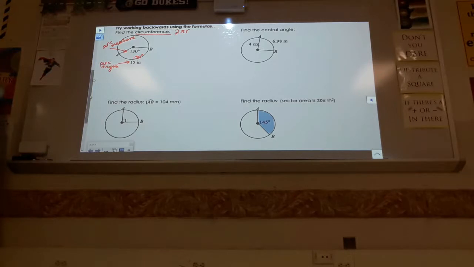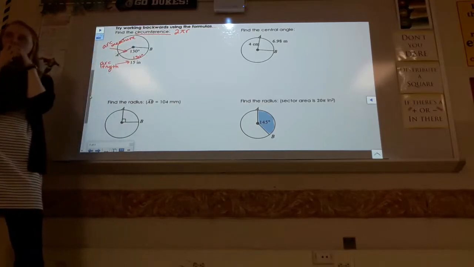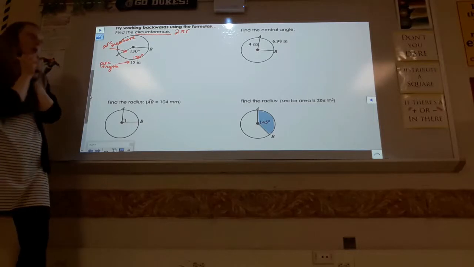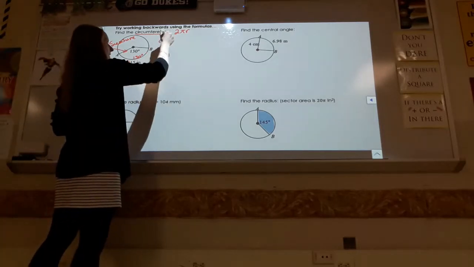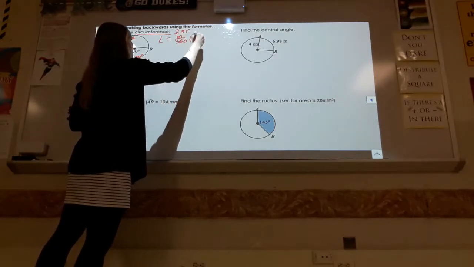So what formula would I use to solve backwards? What formula has the arc measure, the arc length, and the circumference all wrapped together? They're all working together. The arc length formula. Remember, arc length is equal to the measure divided by 360 times 2 pi r.